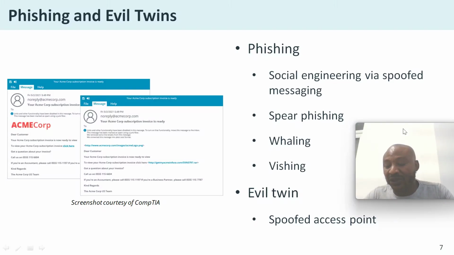So we call it whaling. If you see an email from someone claiming to be the CEO or CFO of a company, before you send confidential information to them, you must verify and do your investigation very well.